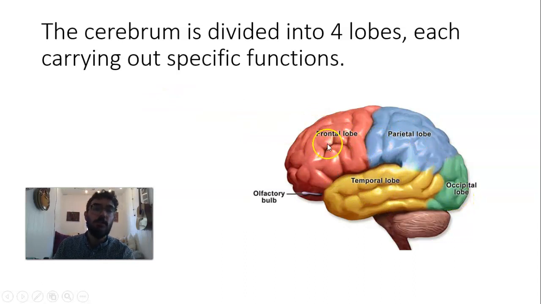Now these lobes each have special functions because there are specific regions in these lobes which are designed to carry out special functions. Now, when you do any one task, like for example me speaking right now, in order for me to speak, there's the mechanical movement of my mouth. There's the thought process, the logical reasoning of the words that need to come out of my mouth. There's the auditory understanding of the sounds.